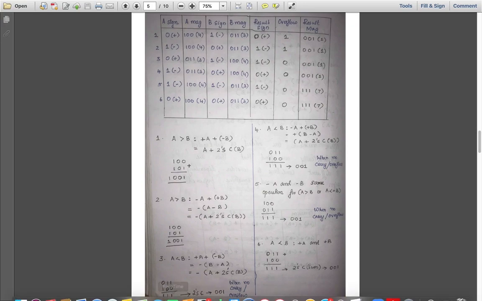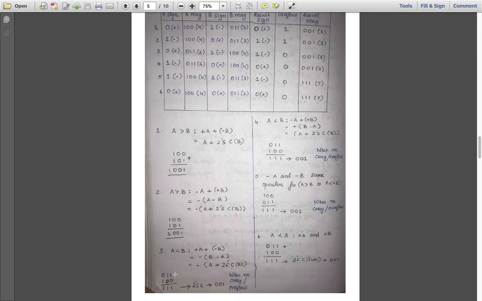When you perform the addition, you are not getting a carry. So when you're not getting a carry, what should be the actual answer? The actual answer should be 3 minus 4. What you should get is minus 1, right? But what is the answer you get here? You get minus 7. So that is a wrong answer. So to get the correct answer in the cases where carry is not generated or when no overflow is there, you have to take the 2's complement of the result.